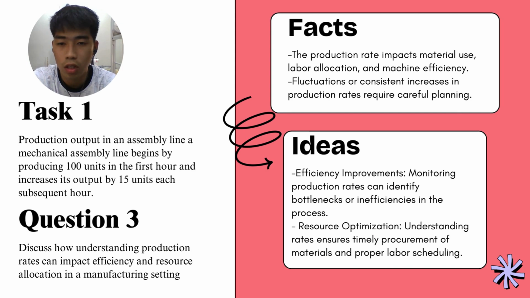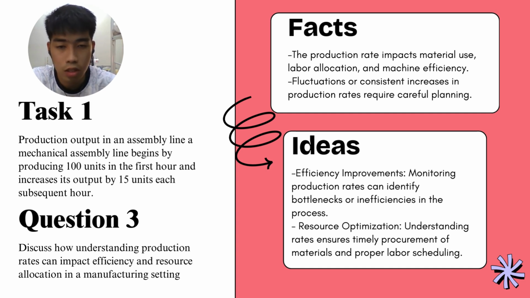Question 3. Discuss how understanding production rates can impact efficiency and resource allocation in a manufacturing setting. The facts are that the production rate impacts material use, labor allocation, and machine efficiency. Fluctuation or consistent increase in production rate requires careful planning.